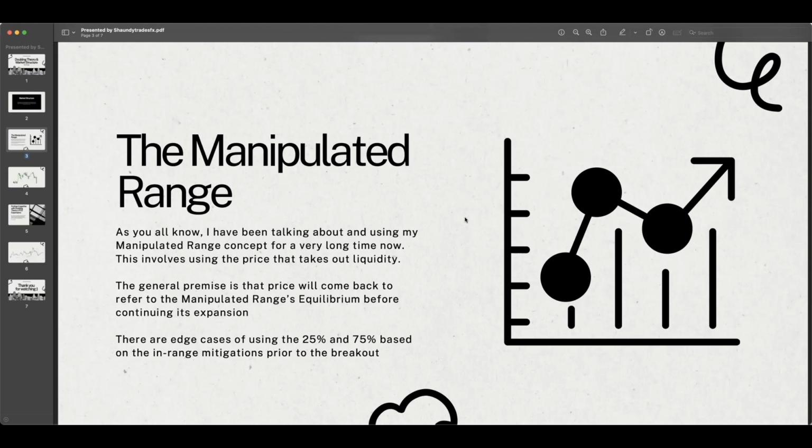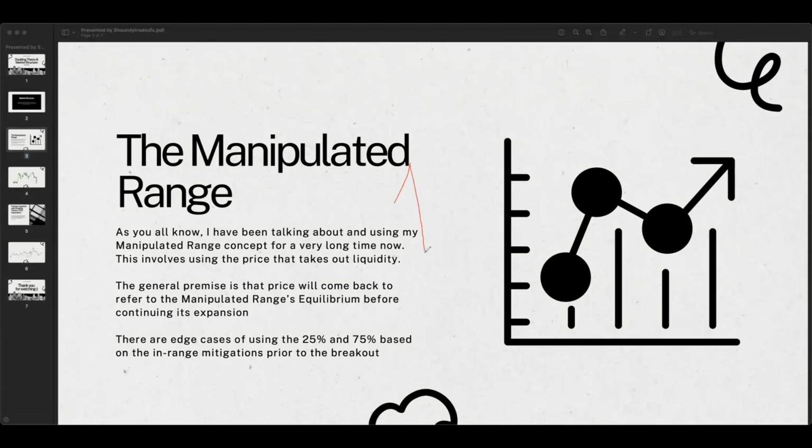Now, there are edge cases of using the 25% and the 75% based on the in-range mitigations prior to the breakout. For example, if you have something like this, this is your range, this is the implied 50%, price mitigates it there, then goes up and breaks it. So this high to this low is your manipulated range. At this point, we are going to be using the 25%. That's your entry point.